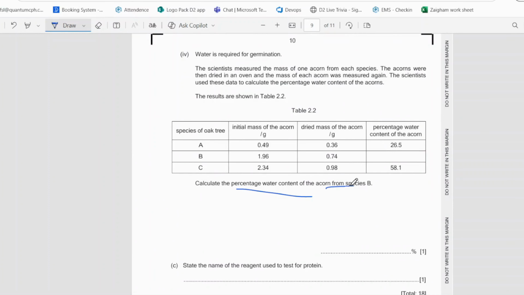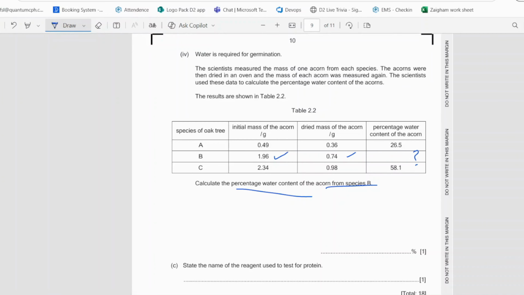Next question is related to percentage. Calculate the percentage water content of species B. This is not given. So it would be simple. The initial mass which has water and the dried mass. You have water plus acorn and only acorn. Just subtract and then find the percentage for that.